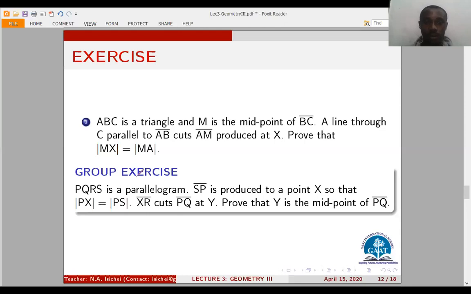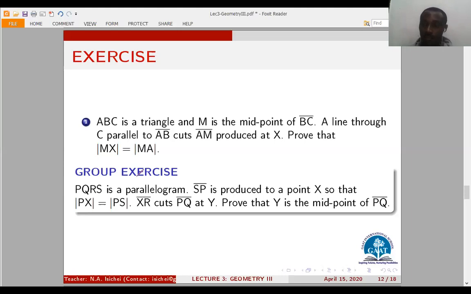PQRS is a parallelogram. Line PS is produced to a point X so that the magnitude of PX is equal to that of PS. So segment XR cuts PQ at Y. Prove that Y is the midpoint of PQ. So whatever group you find yourself in, you work as a group and you produce the results.